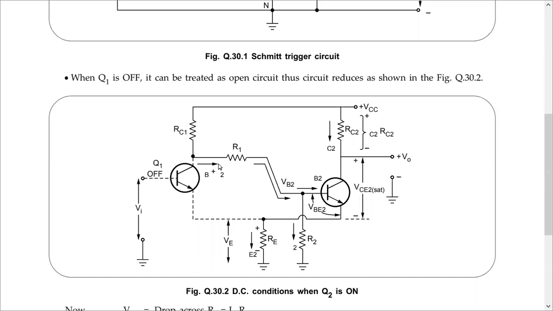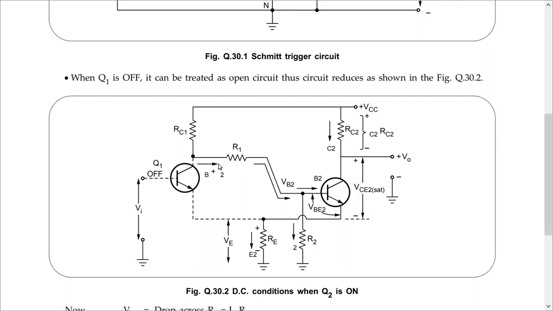Now we are discussing when Q1 will become on. When Vi increases or decreases, in which case will Q1 turn on? Very basic question. Please answer. Vi increases. Very good. When Vi increases, only then Q1 will turn on.